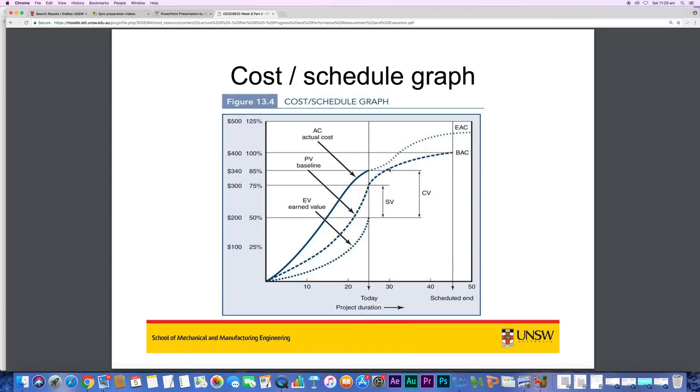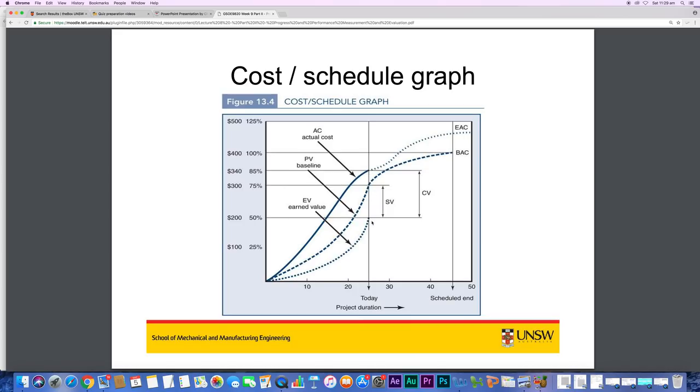So this middle line is actually our plan. And then see what's happening. We are at this point of time, so this is today. This line here is showing how much we actually spent. This is our actual cost. So what did we say? Earned value minus actual cost gives us cost variance.